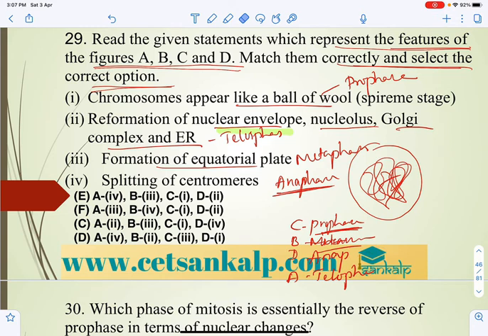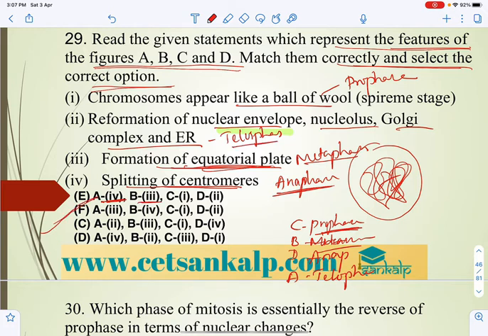So D, formation of equatorial plate, metaphase. So the answer for that, exactly, takes place in A4. So this is centromere splitting which takes place in anaphase, right, and B3.